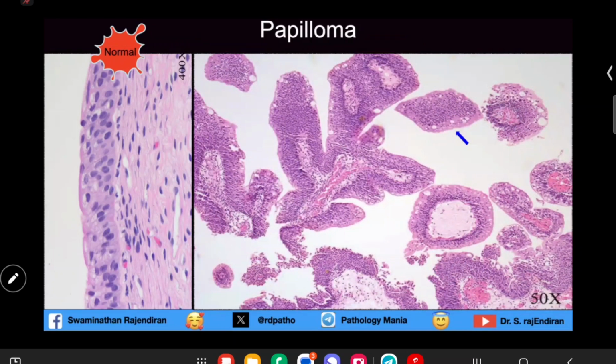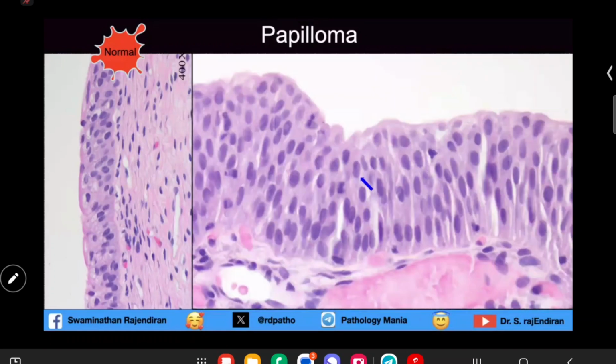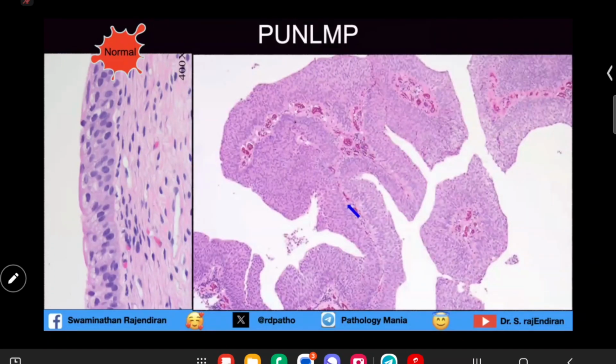Papilloma means here it starts like fingers, and this will be very uniform, and the urothelium will be normal, even though architecturally it is abnormal. Cytologically it is normal. So that is papilloma. You can see the normal urothelium in papilloma. Whereas in PUNLMP, this is a very borderline case, okay?